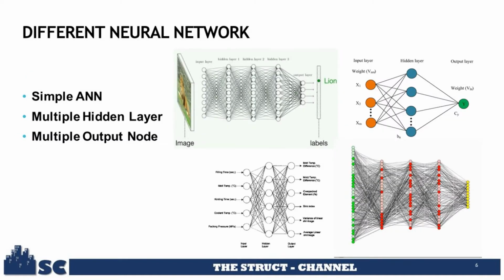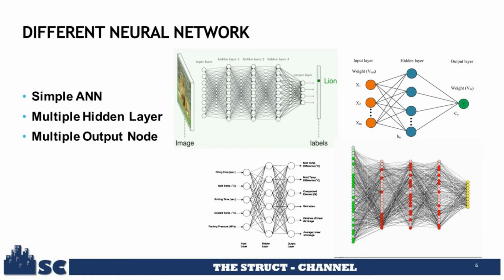There are different architectures of a neural network. A simple neural network has three layers, one for input, one for output, and the last one is the hidden layer. For a complex model like the sample in the picture, we have a complex model like image sensing.